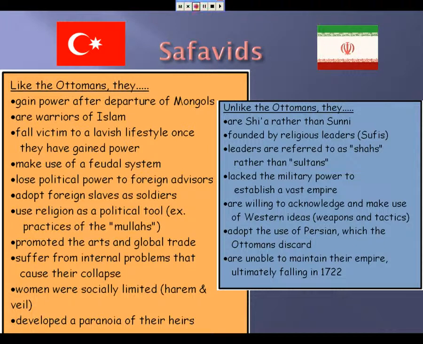Kind of makes you want to go, oh. Part of that competition is probably what made the Safavids more willing to acknowledge and make use of Western ideas, trying to find whatever edge they could to compete and maybe surpass the Ottomans.